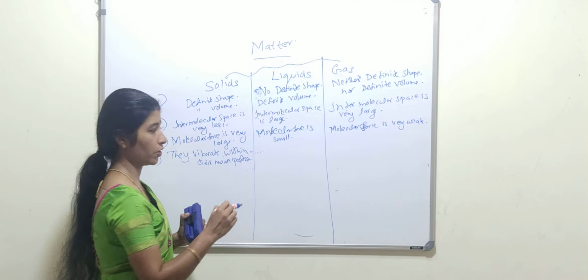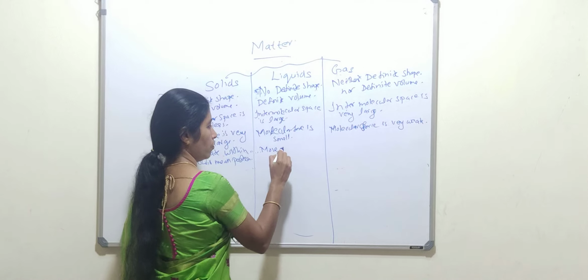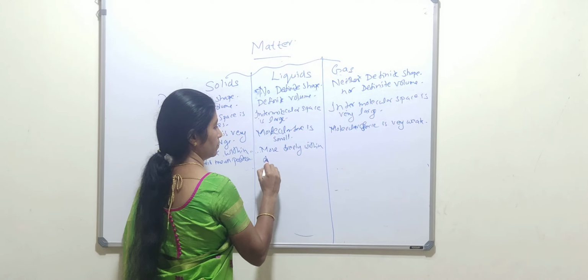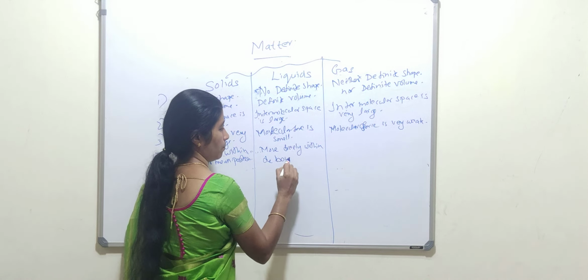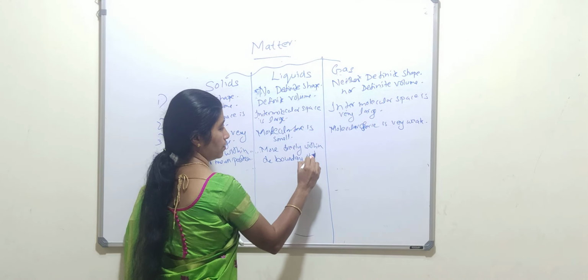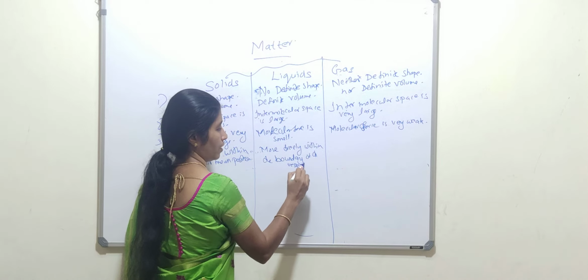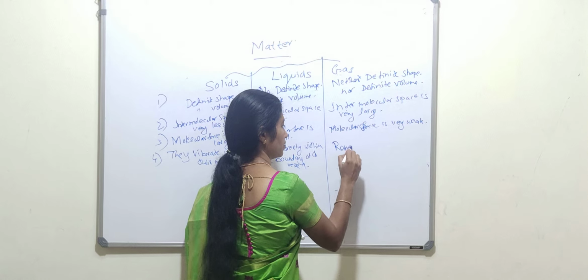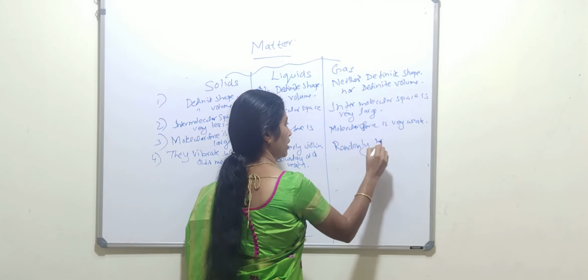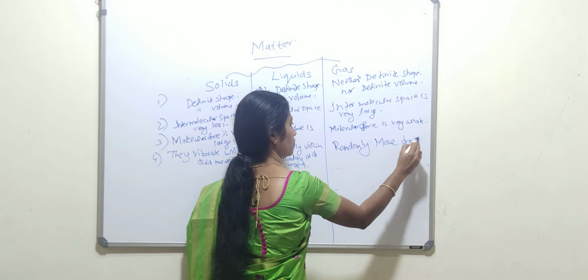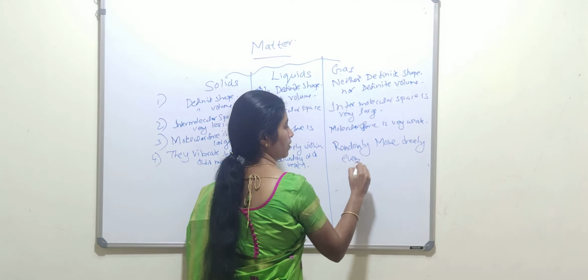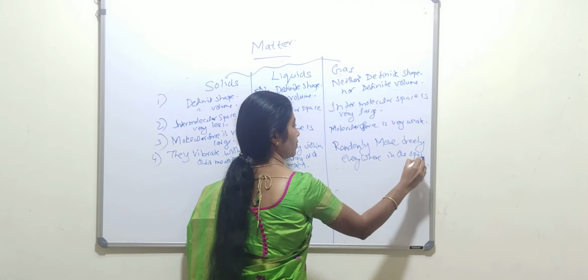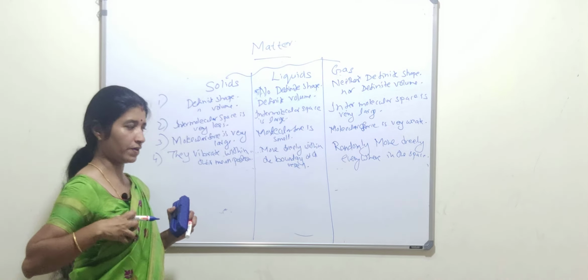But in case of liquids, they can move freely within the boundary of a vessel. And in case of a gaseous substance, they move randomly and freely, everywhere in the space available to them. Okay, they can move everywhere.